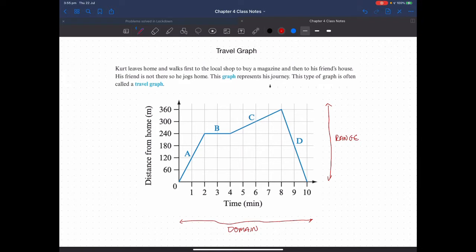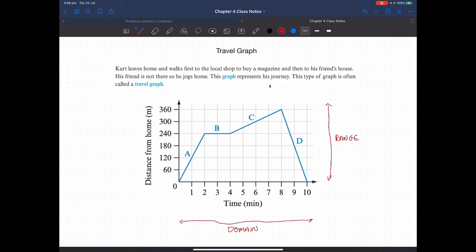So what I'm going to do is step you through how to interpret this graph. This graph will be used in the first several questions in the exercise in your textbook. So I'm going to read the first paragraph. Kurt leaves home and walks first to the local shop to buy a magazine and then to his friend's house.